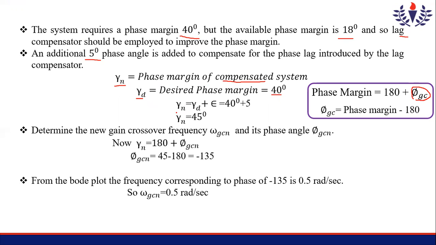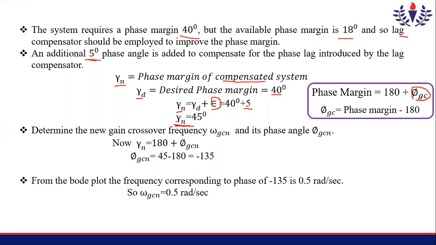Our desired phase margin is 40 degrees. So we write gamma n is equal to gamma d plus epsilon. This epsilon is an additional phase lag, and we can substitute any value. Here we are taking 5. So if we substitute, we get the phase margin of the compensated system as 45.